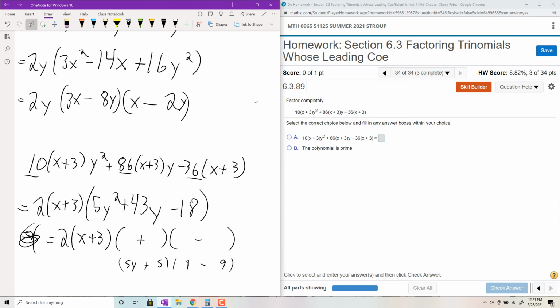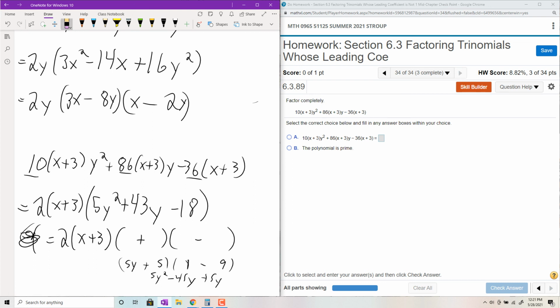Okay, so let's see if we got it. 5y squared. First, outer minus 45y, inner plus 5y. Ooh, that's not going to work at all. And then, whoa, yeah, that's way off. 9 times 5, what the heck was I even thinking?